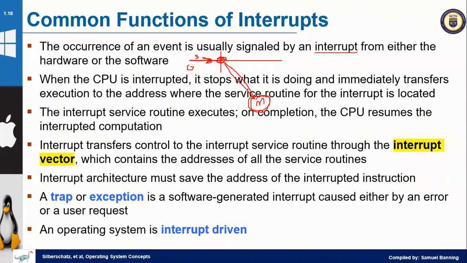If the interrupt is telling the operating system to take a selfie, the operating system will transfer control to the service routine for taking pictures, to the camera. Then whatever you want the camera to do will be done.